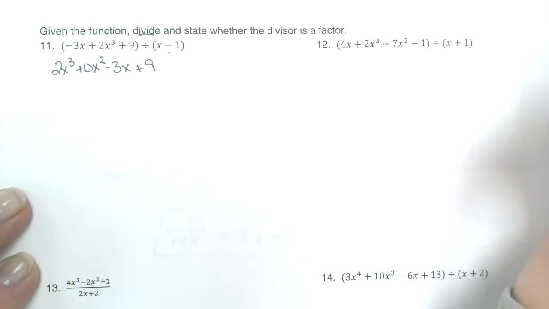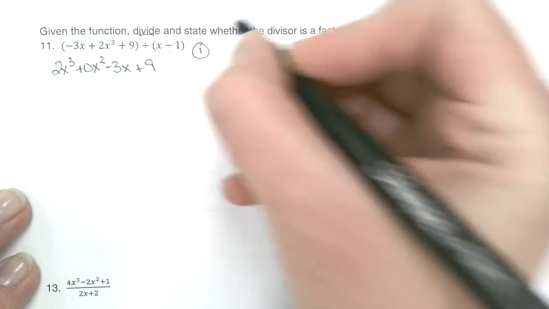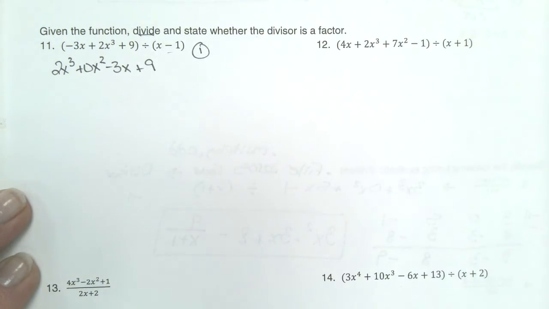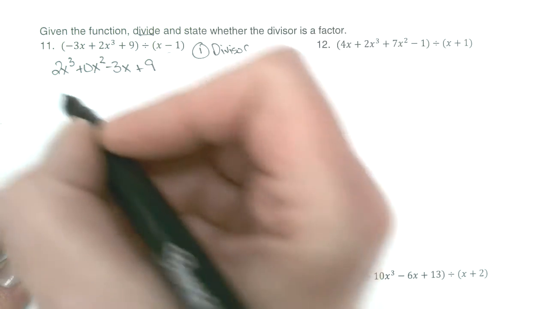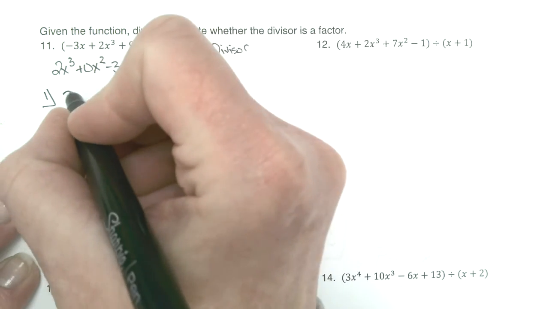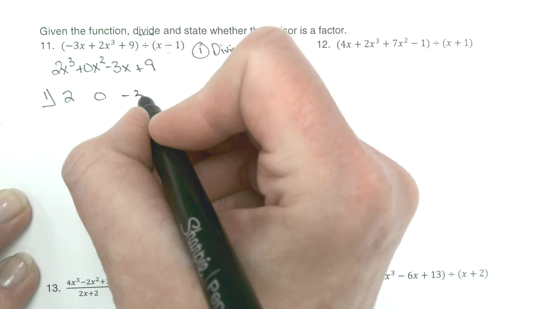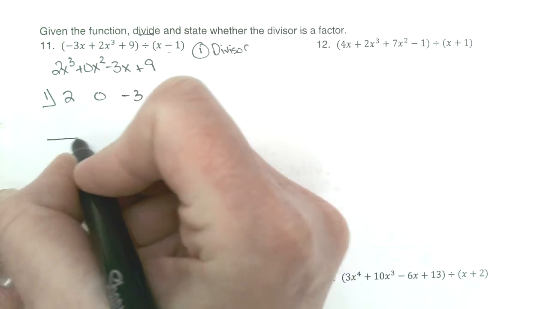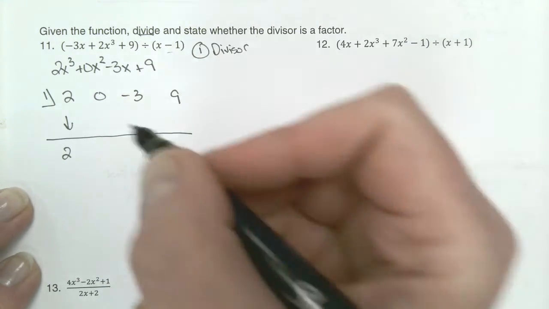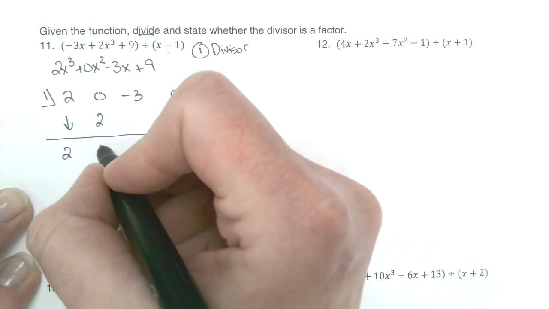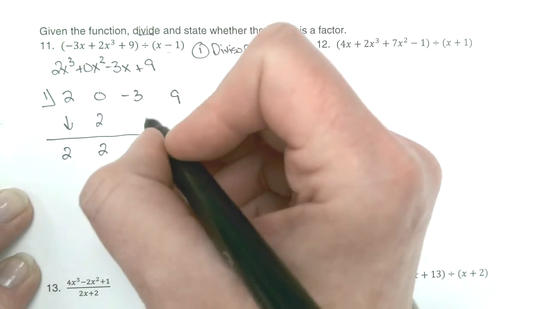If your factor is x minus 1, then 1 is going to be your divisor. 2, 0, negative 3, 9. Remember to show all your work. Bring your first one down, and then start the process of multiply and add.